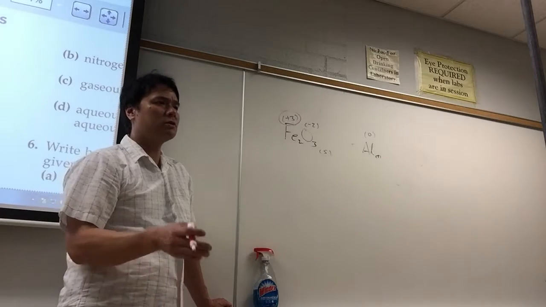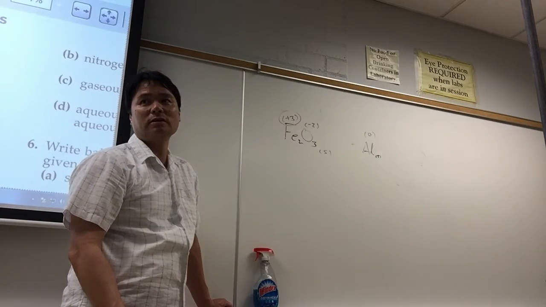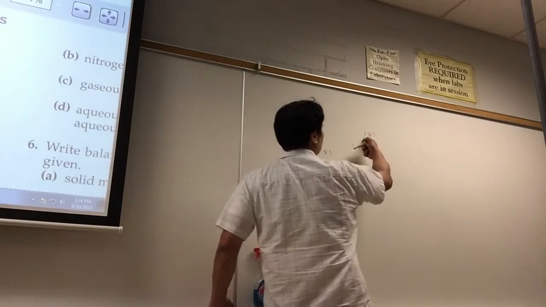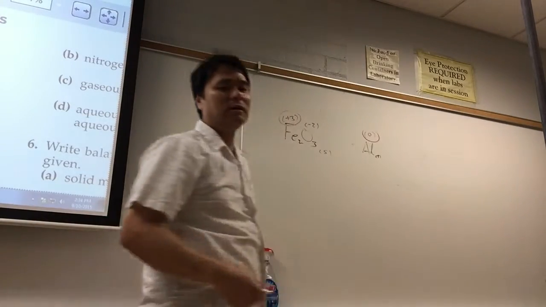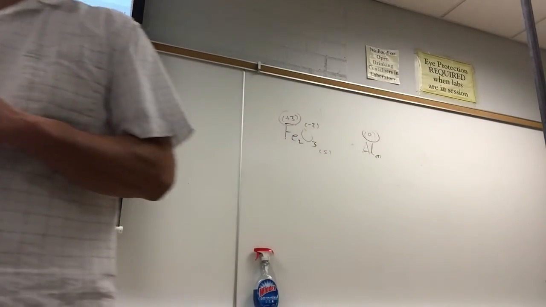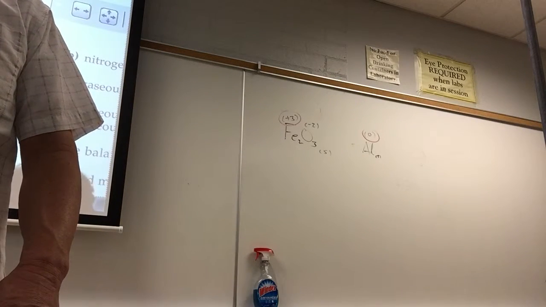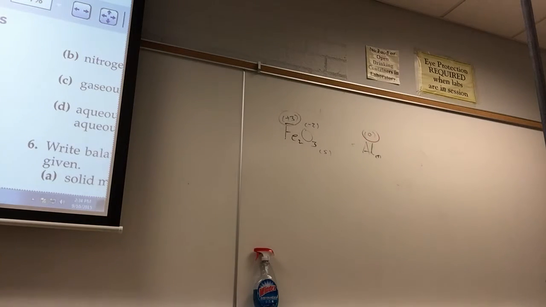A -2 charge on oxygen versus a 0 charge on aluminum is different. And so even though aluminum is 0, it's electron rich. Why is aluminum electron rich? Well, all metals are electron rich, right? All metals. And so we have a potential redox reaction occur here.